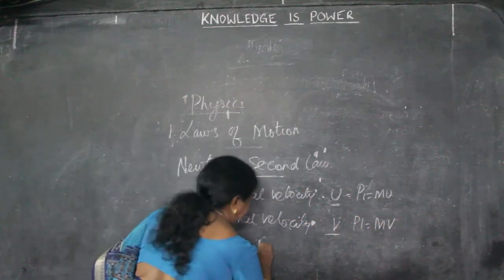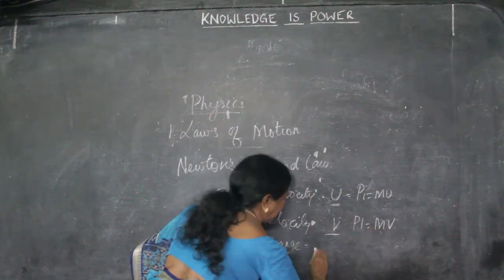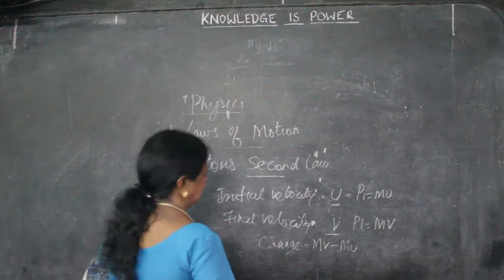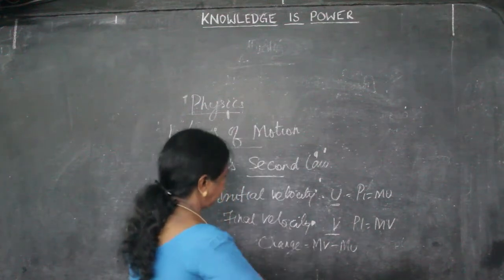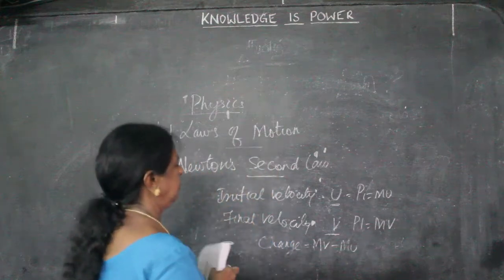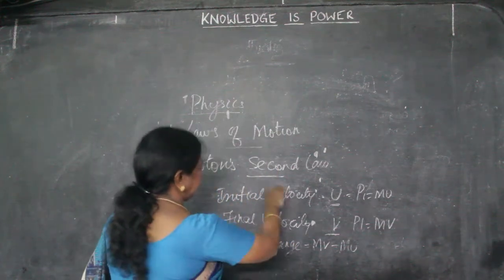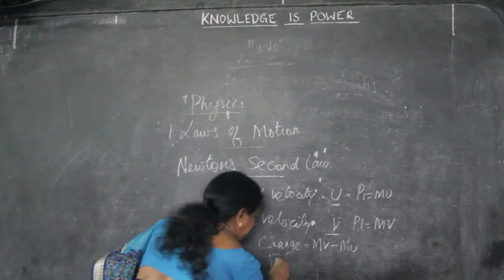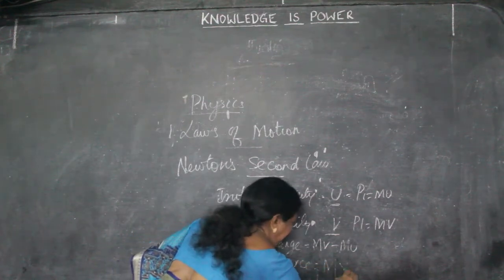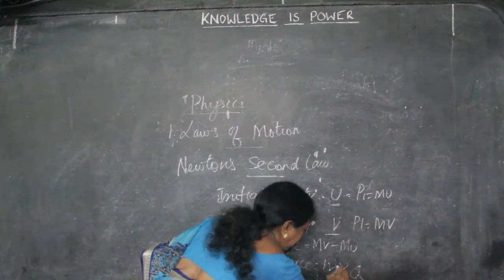So the change in momentum, what are the changes in between? Maybe only the final velocity is more. So mv minus mu. So whatever it may be, finally we came to the conclusion, force is equal to mass into acceleration, m into a.